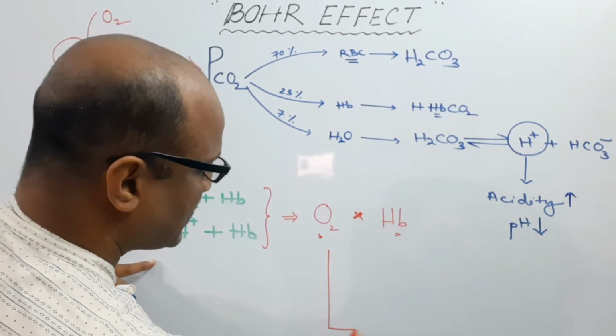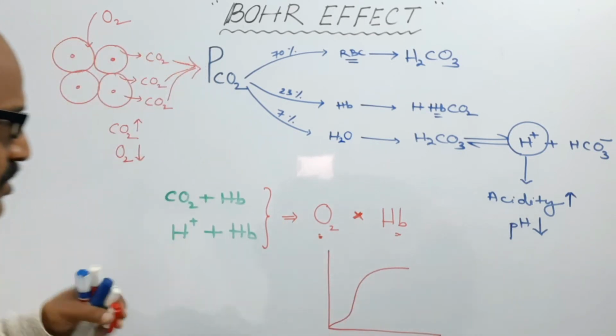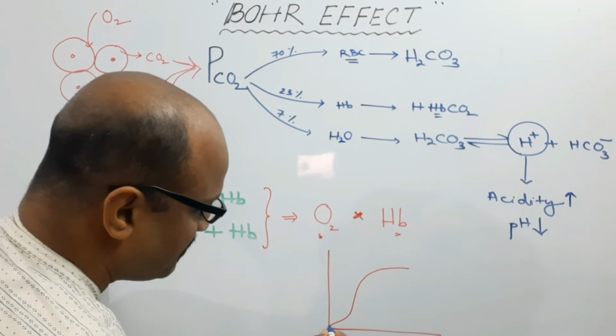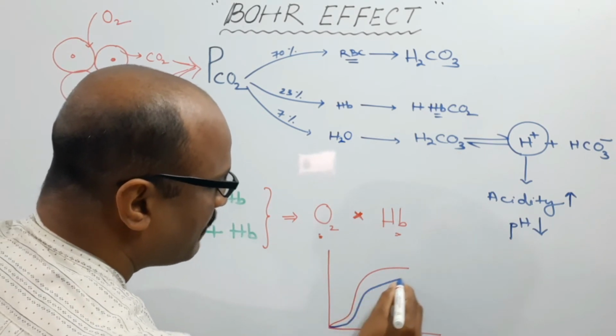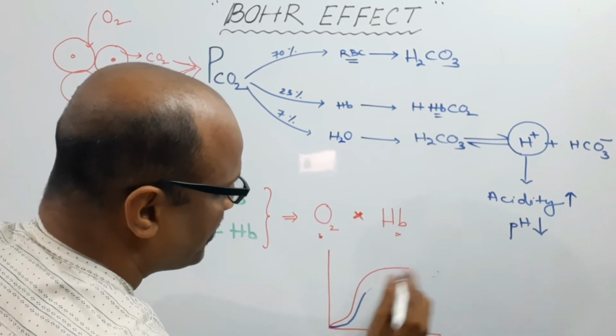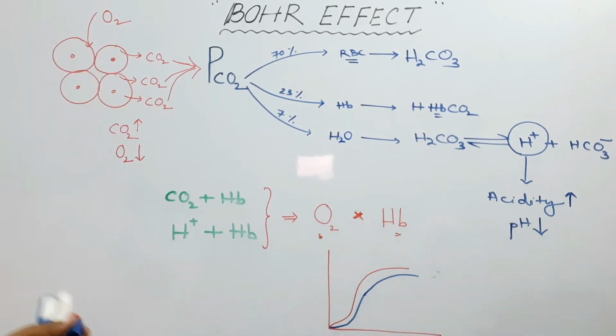Suppose this is your oxygen dissociation curve. Now this curve shifts to the right side because the affinity is decreasing here. And this is known as the Bohr effect.